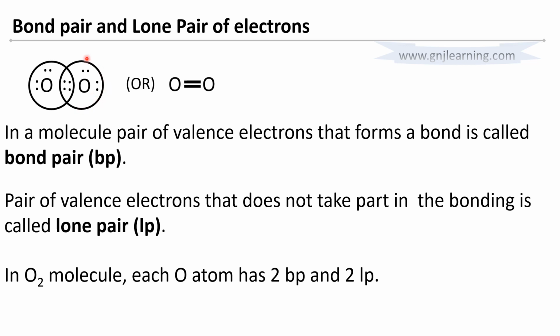So this is called the Lewis dot structure. If you have a Lewis dot structure, you can clearly see how many bond pairs and how many lone pairs there are for each atom in a molecule. That is the advantage of the Lewis dot structure of a molecule.